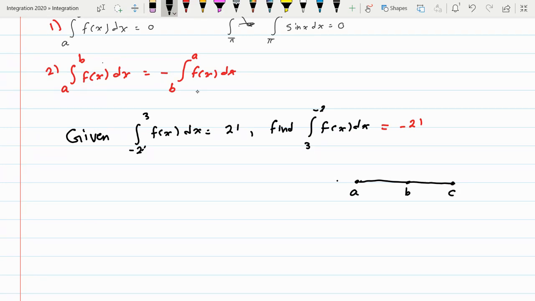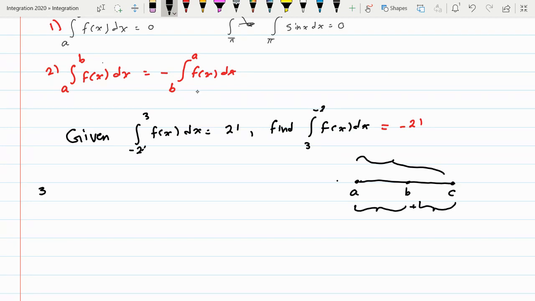If I want to calculate the area from a to c, it is the same as the area from a to b plus the area from b to c. How do we write this as an integral? Easily.